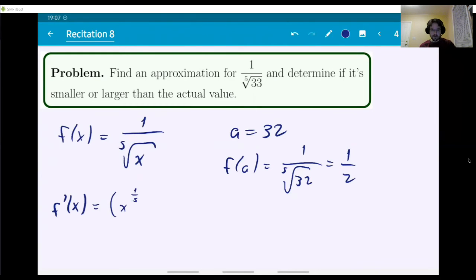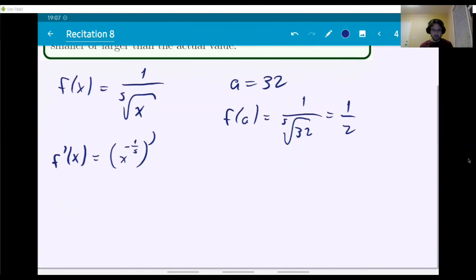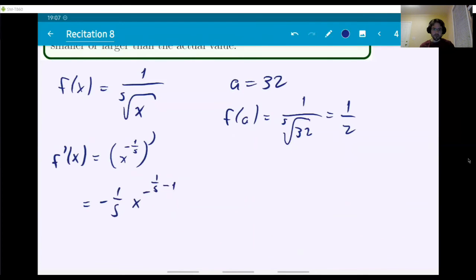Because you have also 1 over that, you need x to the minus that. This is the function that you have. You want the derivative of that. That is a power rule. By power rule, you can find this derivative this way: minus 1/5 minus 1, which works out to be x to the minus 6/5 in the exponent. This is f prime of x.